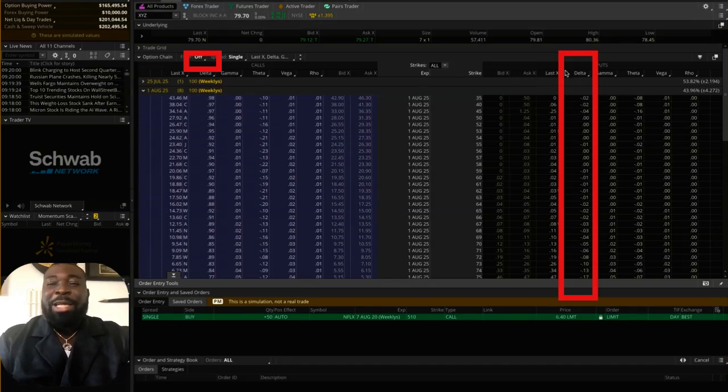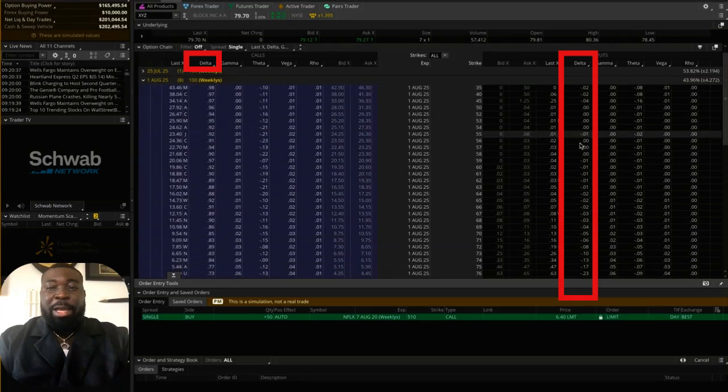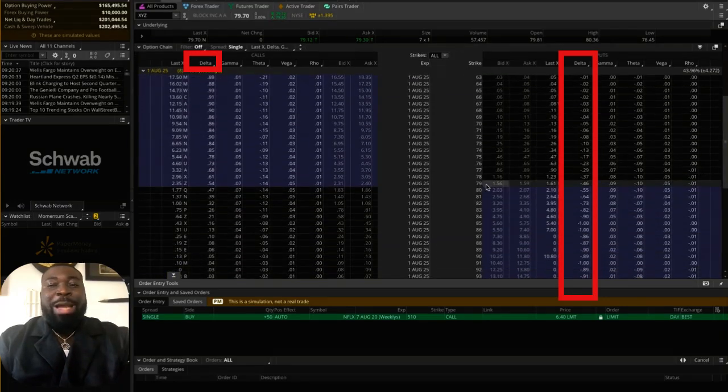First thing you need to realize is Delta. What actually is Delta? If you're a buyer, and even if you're a seller, Delta is the percentage chance that the strike price you're in is going to get in the money. What does that mean? For example, right now, XYZ is at $80.